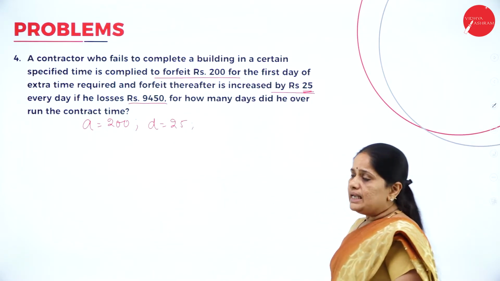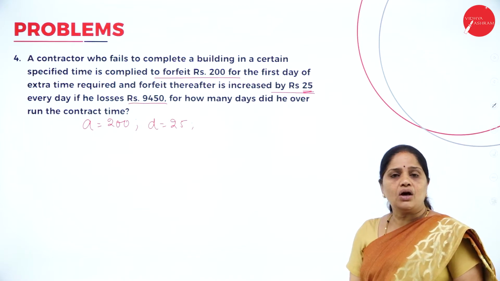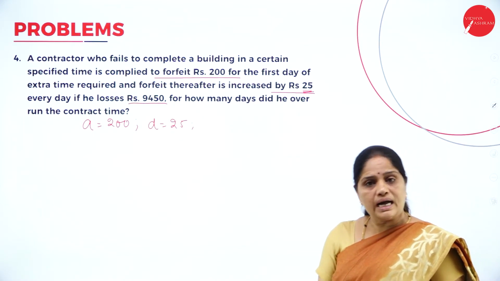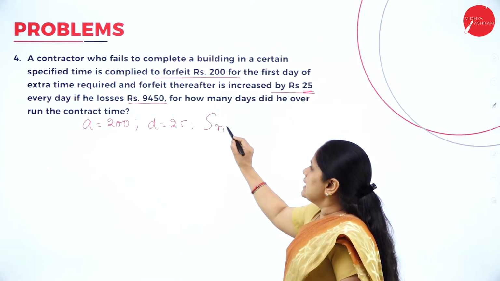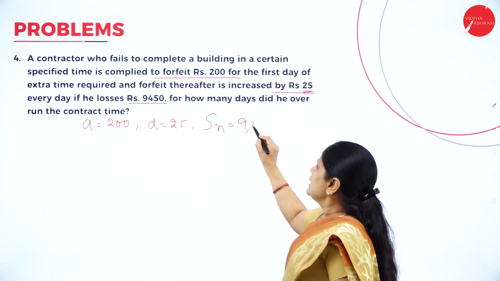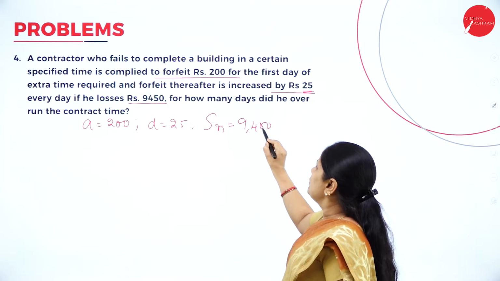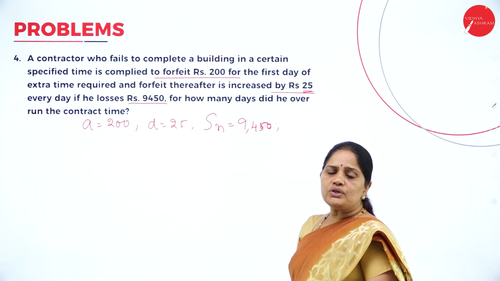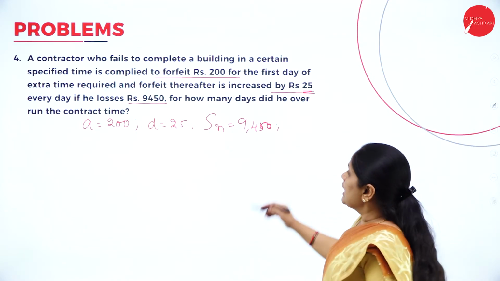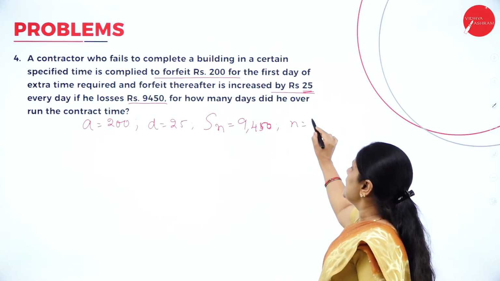Okay, now he has incurred a total loss of 9,450. So this I will consider as SN, 9,450 rupees. Now we have to find out what is the number of extra days he has taken.